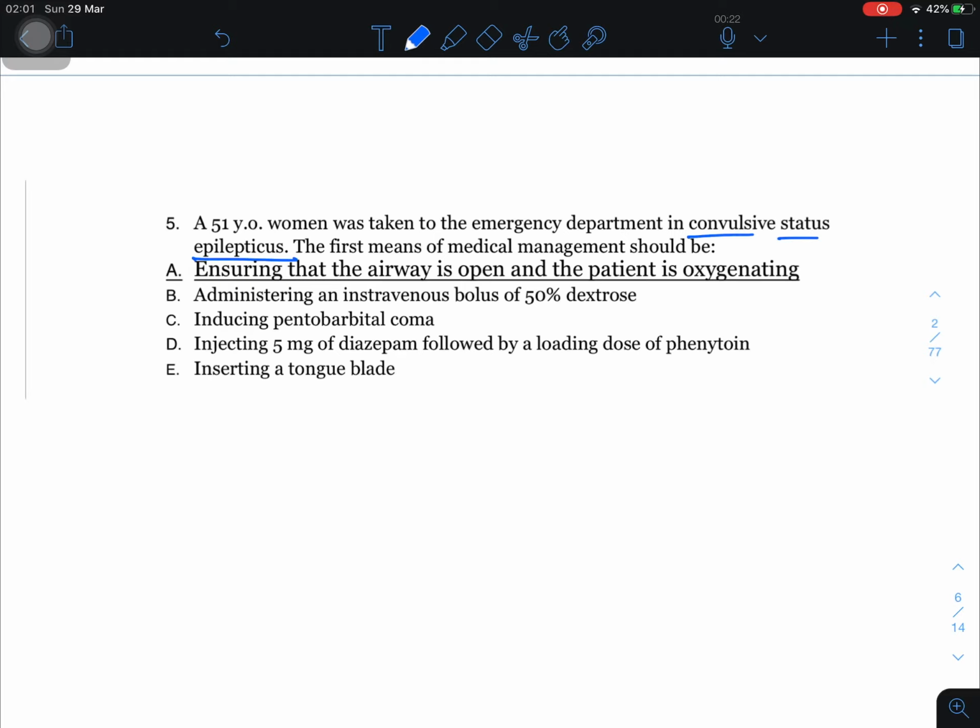See, any patient who is unconscious, what is the first thing you do? You check the ABC. You remember the rule: airways, breathing and circulation. So the first thing you need to do is check the airways. But anyway, what is status epilepticus?